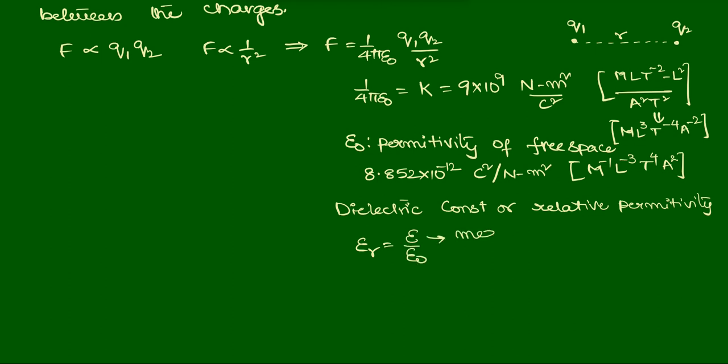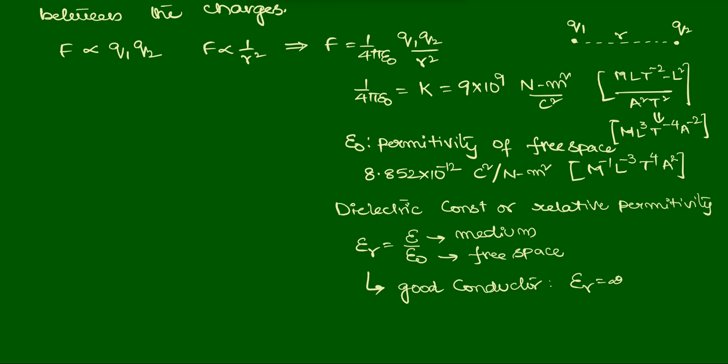Epsilon is the permittivity of the medium and epsilon naught is the permittivity of free space. And for a good conductor, the epsilon r value will be infinity.